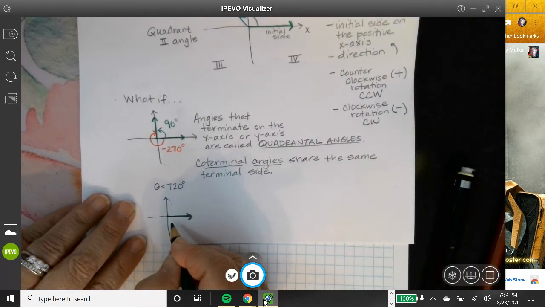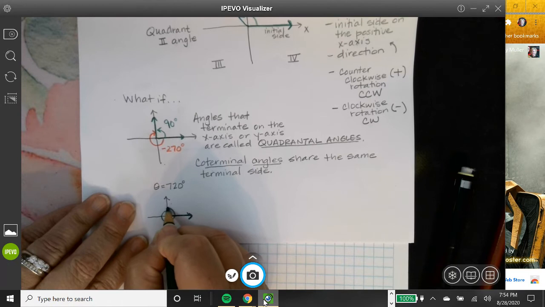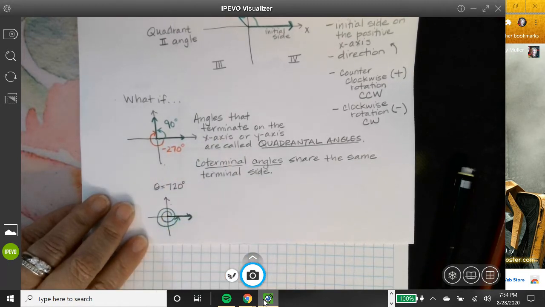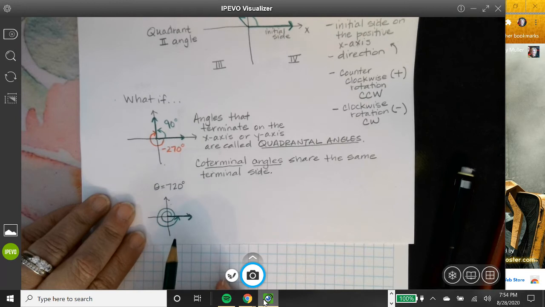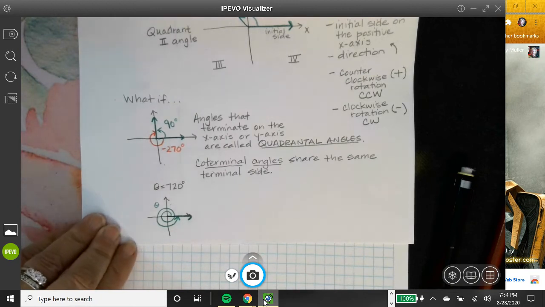And 360 times 2 is 720. So if I were going to go all the way around, here it is, I'm going in the positive direction, that's 360 degrees. And then if I'm going to show the direction and my angle of rotation, I'm going to go around one more time. And that's 720. So we can go around multiple times to show our angle of rotation. Okay?